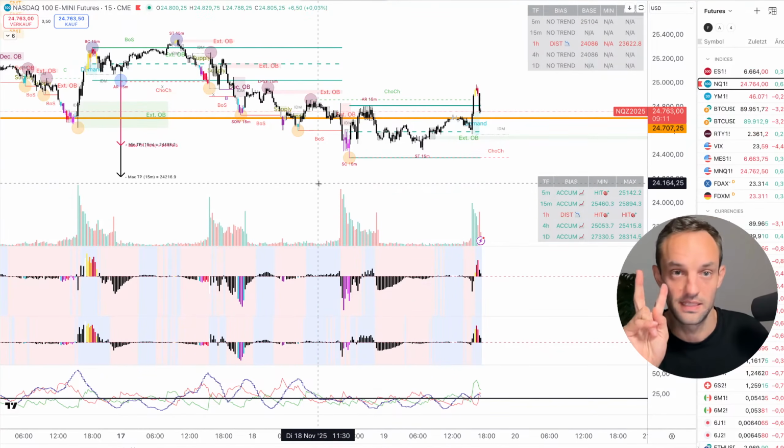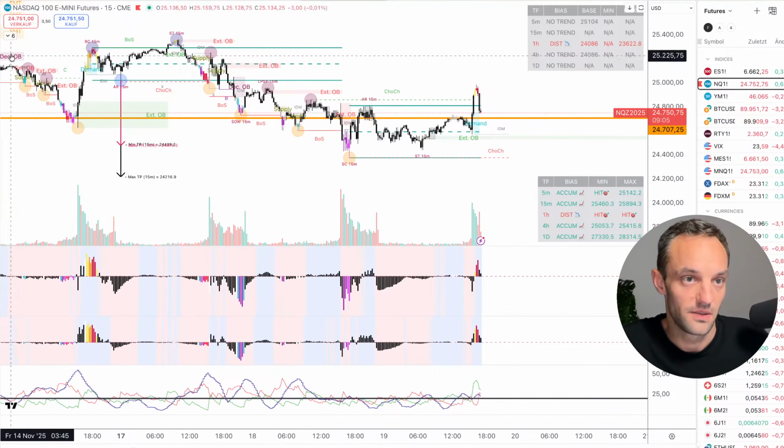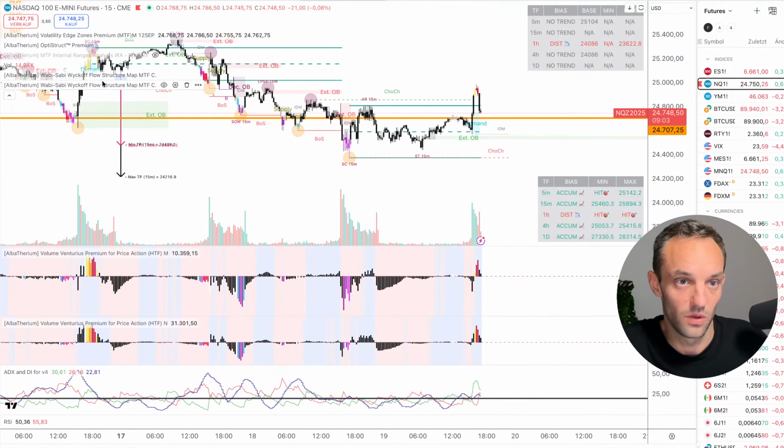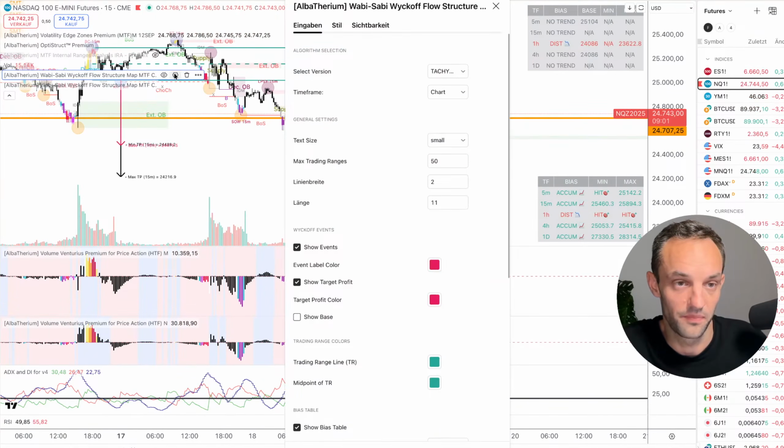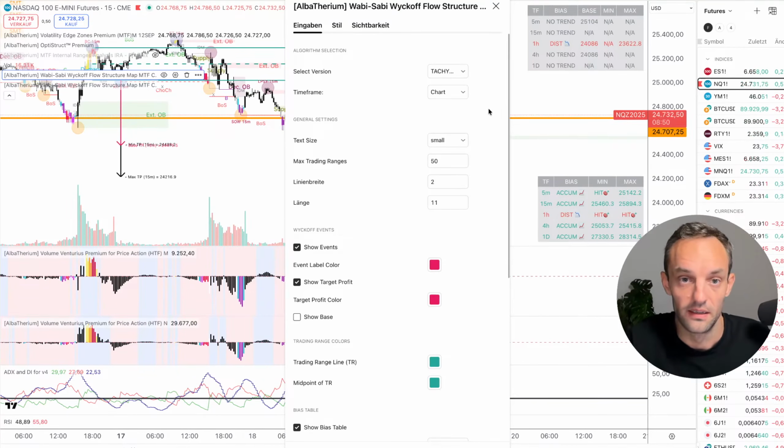And this last week, we got 2 new updates. So the first update was for the Wabi-Sabi Wyckoff Flow Structure map. This is the indicator, how we call it. And this is a Wyckoff indicator.